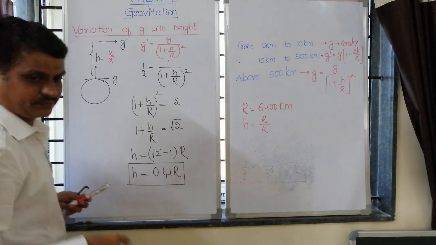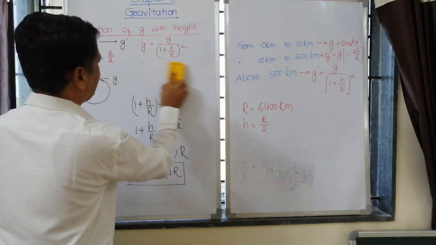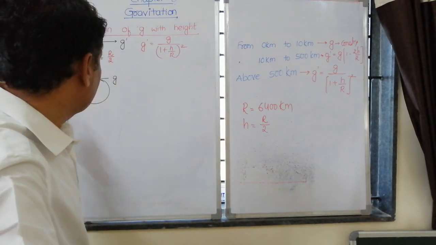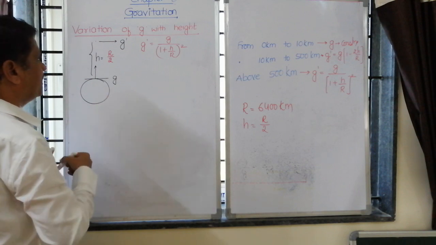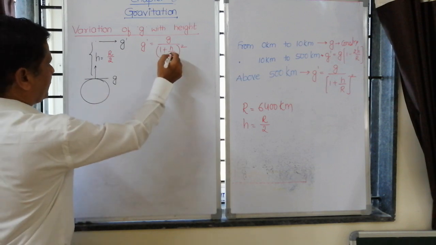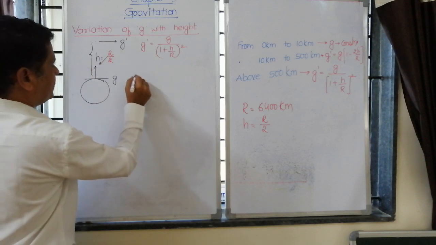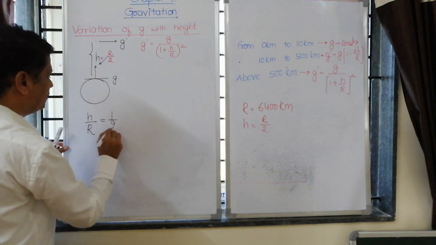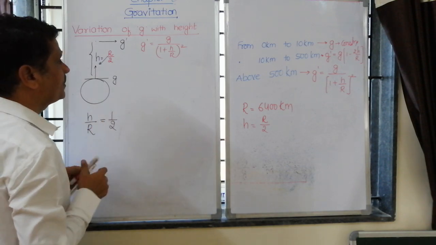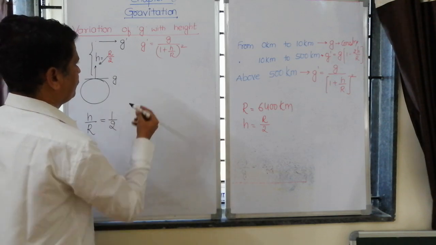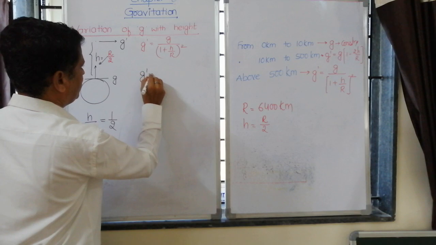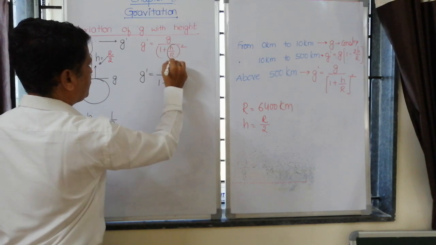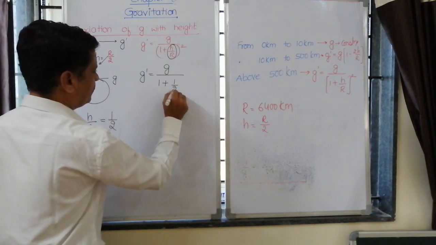So given is H is equal to R by 2. That is, I want H by R, so H by R is equal to 1 by 2. Here you can write G dash is equal to G divided by 1 plus H by R, that is 1 by 2, whole square.